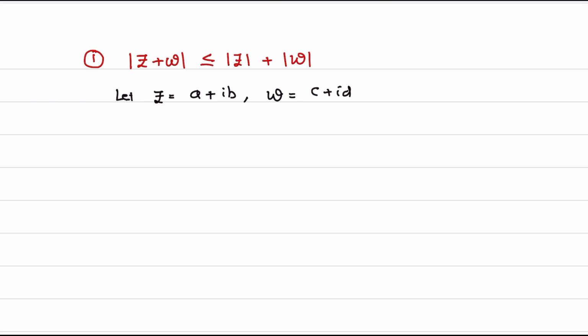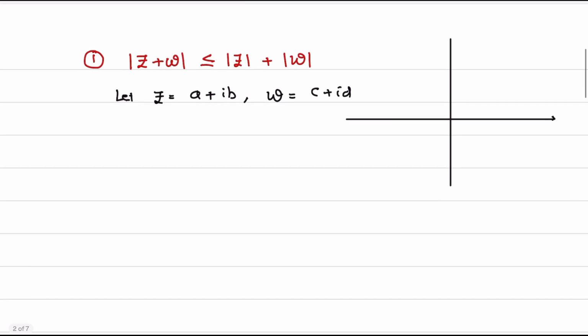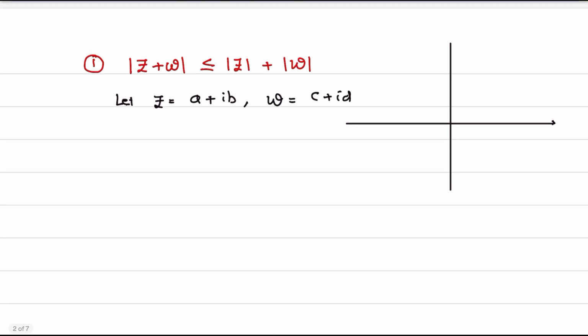How do you represent these two numbers in the complex plane? Because both are complex numbers, thinking that C and D are positive real numbers, A and B are also positive real numbers, then A plus IB is one number, Z, and another is C plus ID.